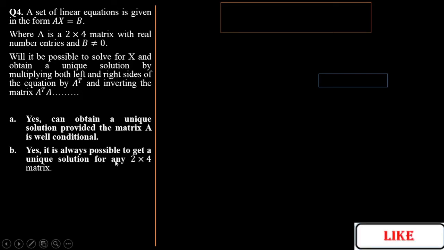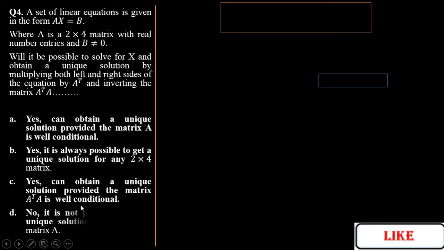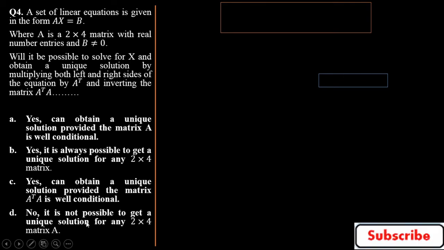Yes, it is always possible to get a unique solution for any 2 cross 4 matrix. Yes, can obtain a unique solution provided the matrix A transpose A is well conditioned. The last option is no, it is not possible to get a unique solution for any 2 cross 4 matrix A.